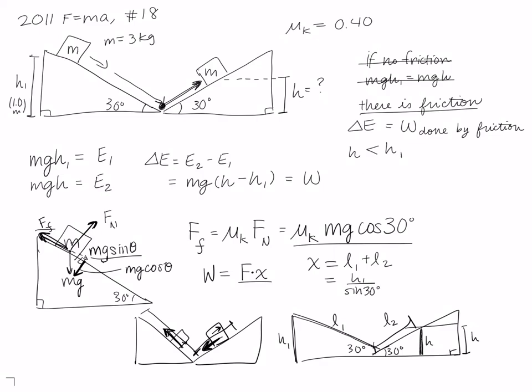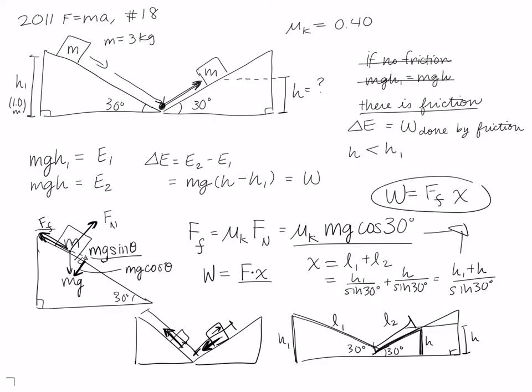Similarly, the sine of 30 degrees is equal to h over L2, so we find that L2 is just h over sine of 30 degrees. And so we get that x is equal to (h1 plus h) over sine of 30 degrees. Now when we put these things together, we find that work is just equal to our friction force times x, and so we can plug it in.